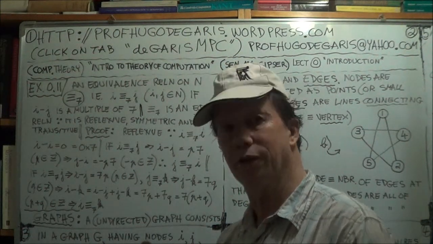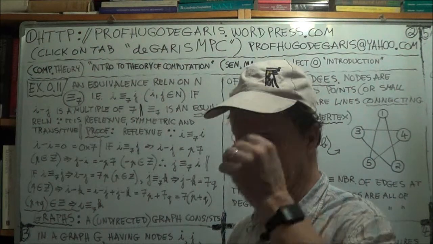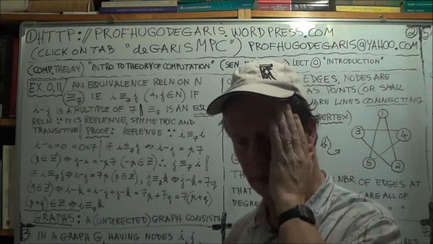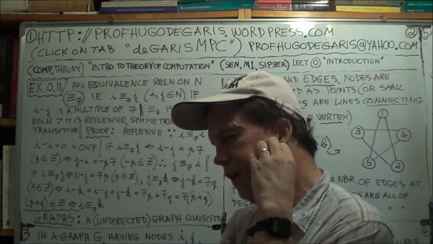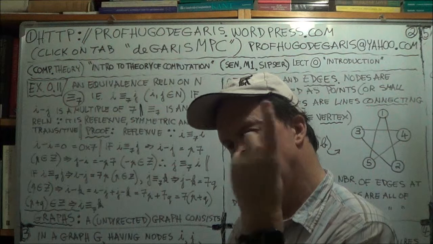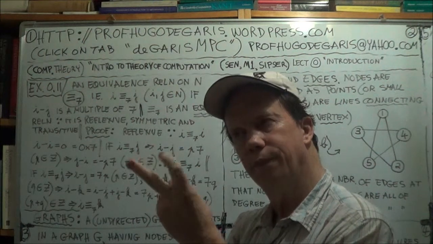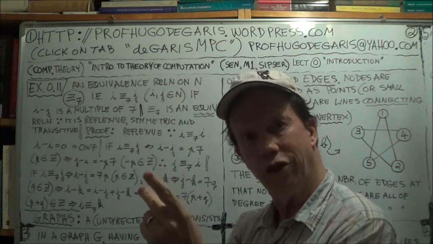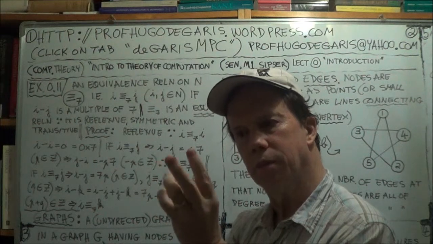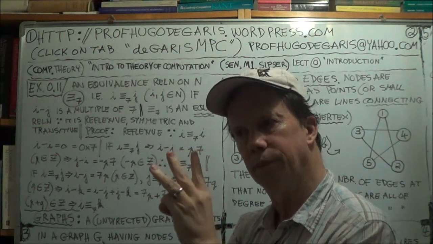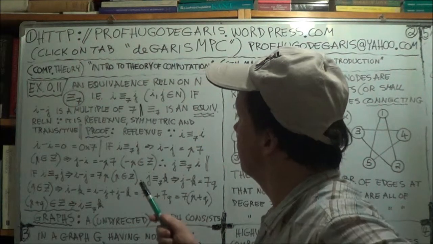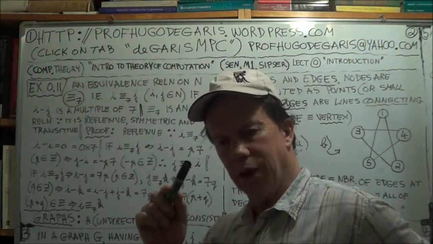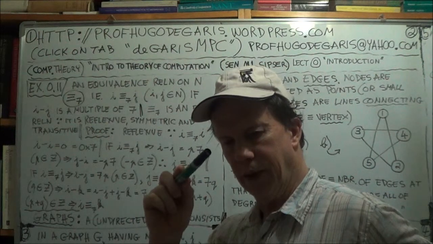It's a rather restrictive kind of relation, and those 3 properties, if you remember from the previous session, were the relation has to be reflexive, symmetric, and third one, transitive.